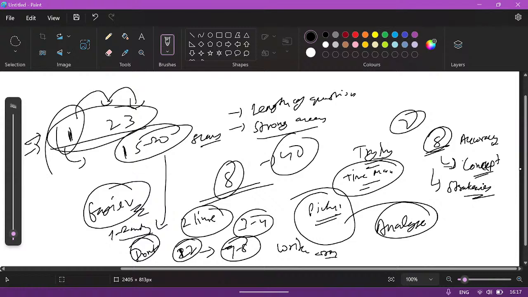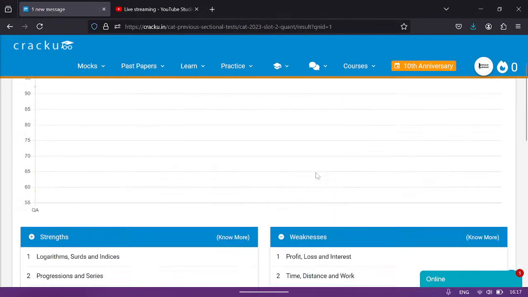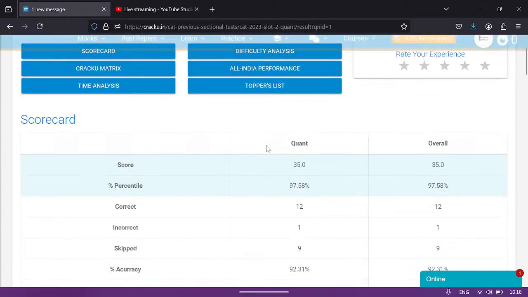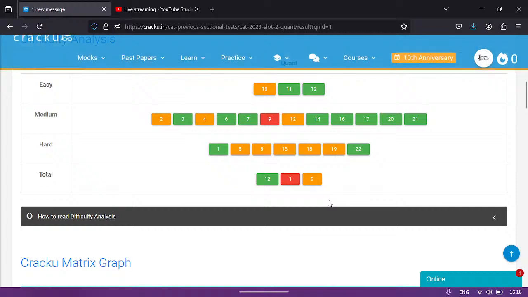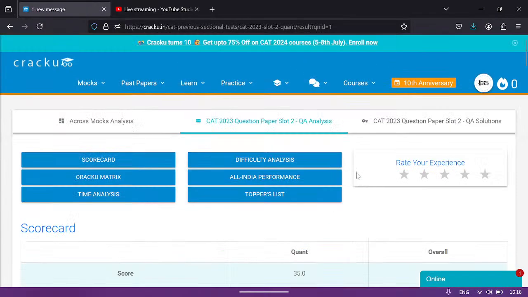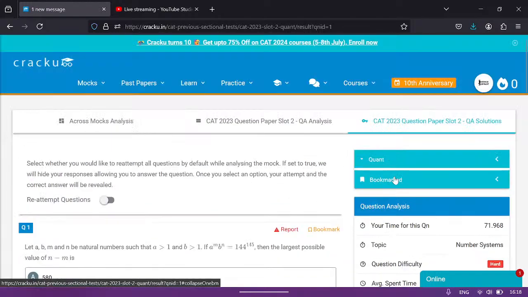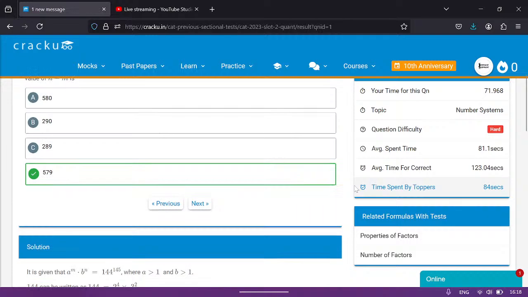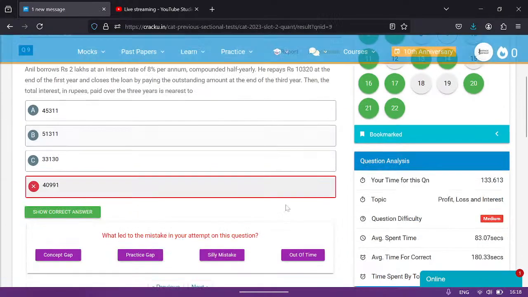Can you please show which question went wrong? Oh yeah, I just forgot. There was a question which went wrong. Which one went wrong? Where can I see it? This one went wrong.